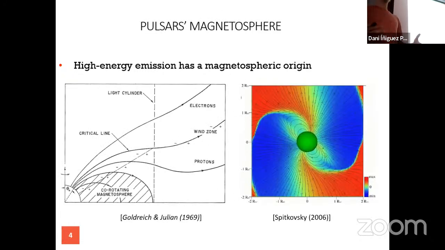Now, the high energy emission of pulsars is considered to be produced in the magnetosphere of a pulsar. The magnetosphere is the region embedded in the neutron star where a dynamically relevant magnetic field develops. This magnetic field is considered generally to be a magnetic dipole, but in reality is more likely a multipole.